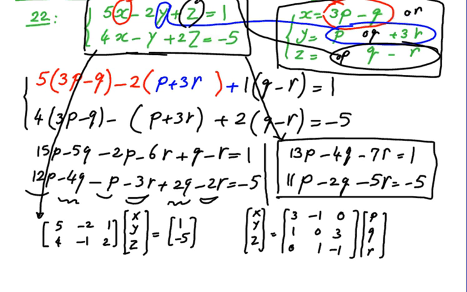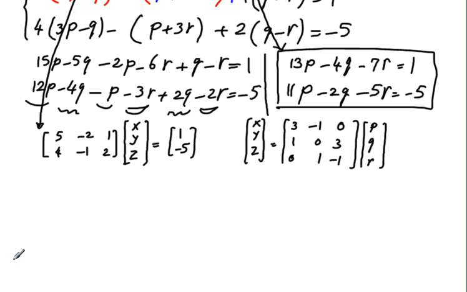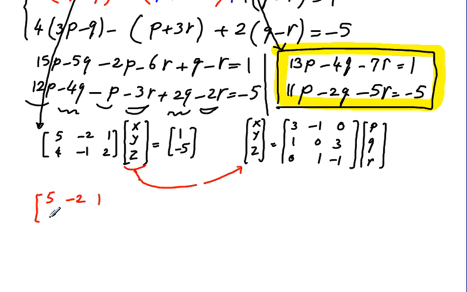Now you tell me, how does matrix multiplication show its head? The question is, how do I get this one through matrix multiplication? Well, this is your x, y, z, is that right? Instead of substituting the way you did, substitute wholesale. Take this and replace it by that. So tell me what to write. First, 5, minus 2, 1, 4, minus 1, 2.